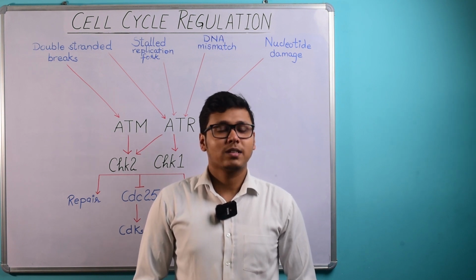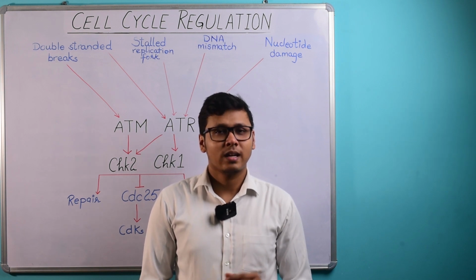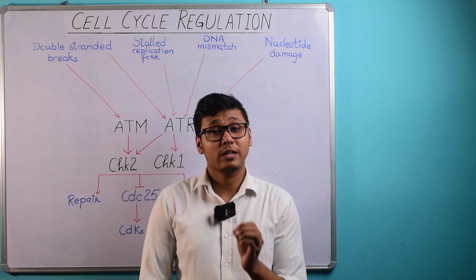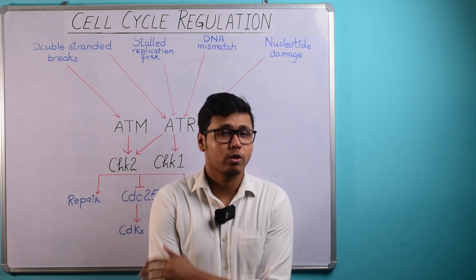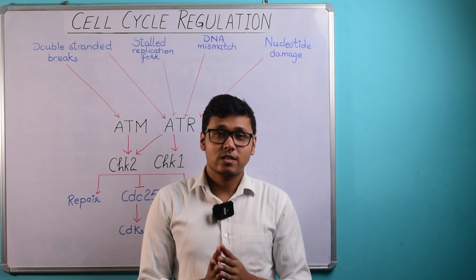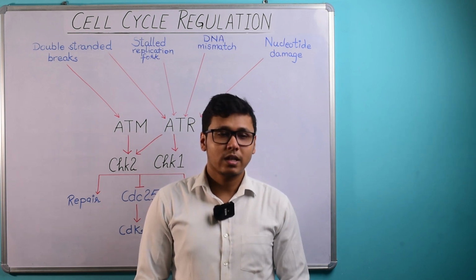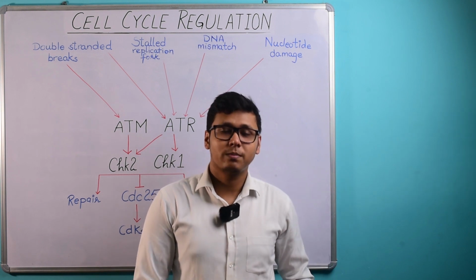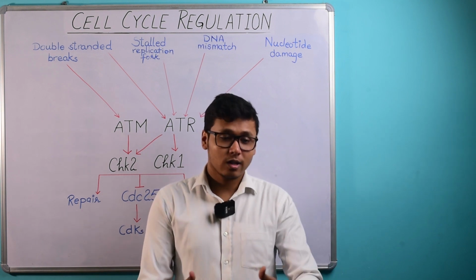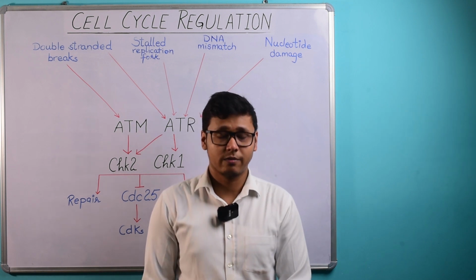But before we wrap things up, I would like to give you a quick recap of whatever we have learned so far, and then I'm going to discuss a very small but very important topic from an examination's point of view. So what have we learned so far? Well, firstly we started with what the cell cycle is, and we saw the different phases of the cell cycle. Then we came to a few experiments through which we saw the arrangement of the different phases of the cell cycle and the durations of the different phases.